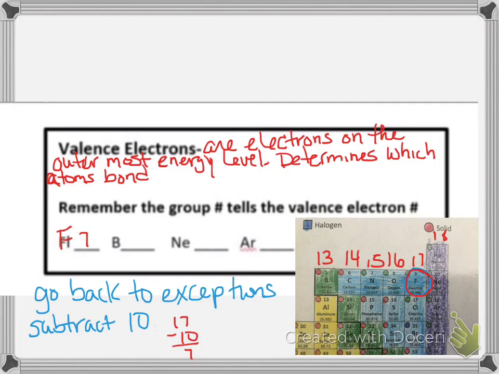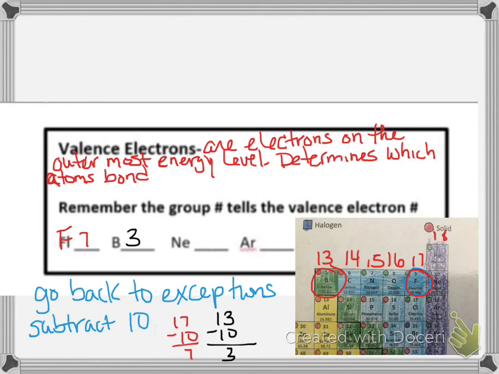Now we're going to look at boron. So boron is 13. 13 minus 10 is 3. So there's 3 valence electrons on the outermost energy level of boron.